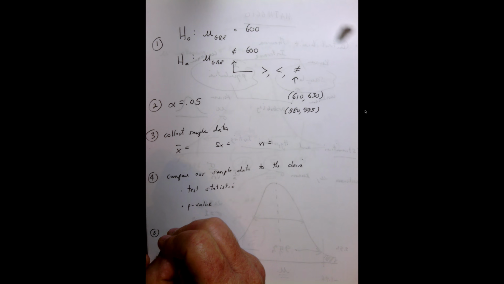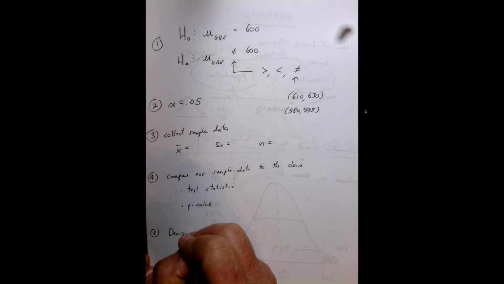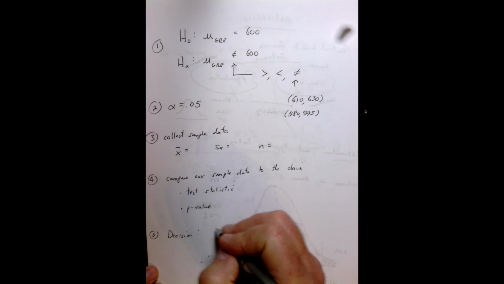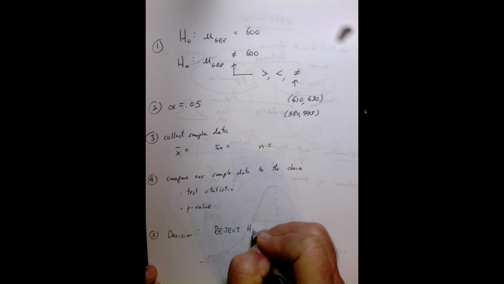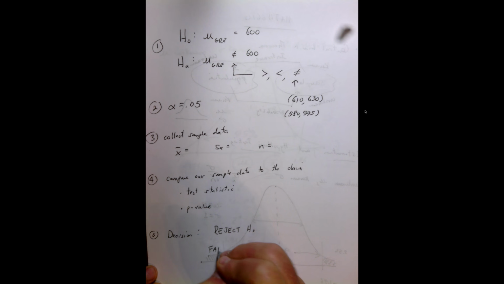And the final thing, decision. The only two things that we can talk about in the decision is we either reject the null or fail to reject the null.